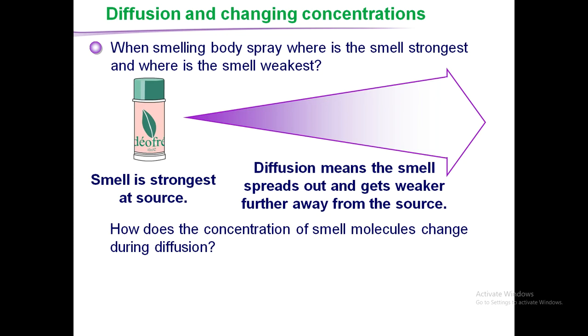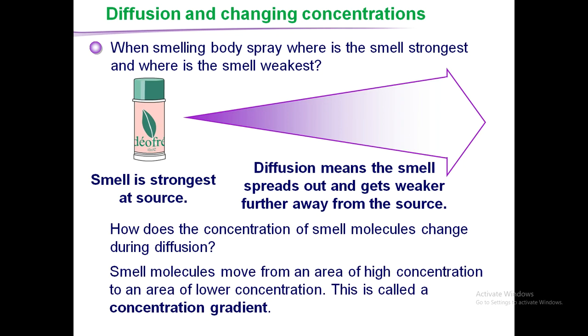So these molecules of the perfume will spread out towards that area in which the molecule concentration is lesser. So the molecules move from high concentration area. This is the concentration gradient, the difference between the molecules of that substance in two areas. One is the source area and the other one is the non-source area.